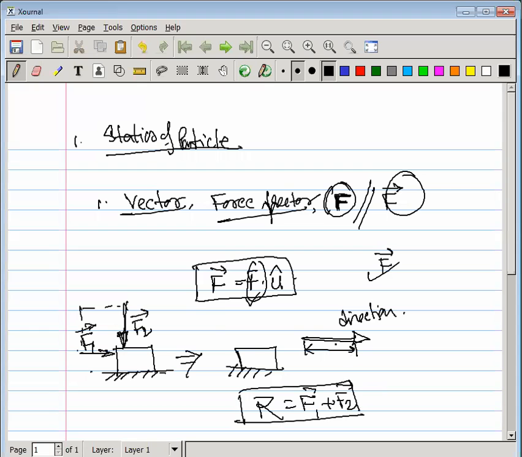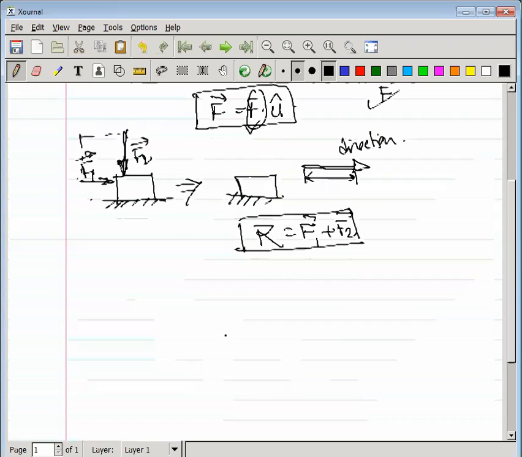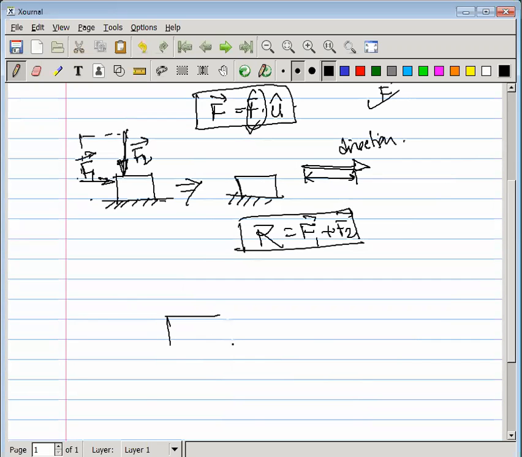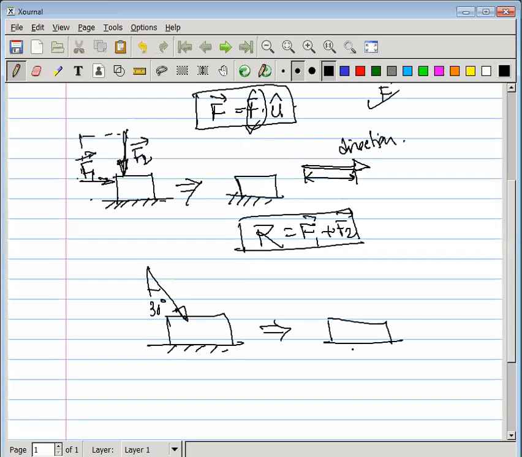And suppose in a question it is written, resolve the force system, meaning a force is given at an angle of 30 degrees, and it is asked how much vertical force or how much horizontal force acts on the system. So you have to resolve that force into two components, one along the horizontal and one along the vertical.